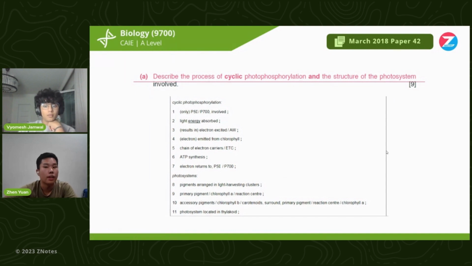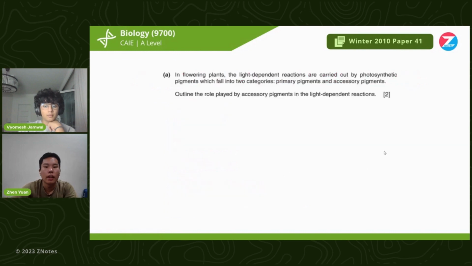Let's move on to another question. In flowering plants, the light-dependent reactions are carried out by photosynthetic pigments, which fall into two categories: primary pigments and accessory pigments. Outline the role played by accessory pigments in light-dependent reactions. So what do accessory pigments actually do?